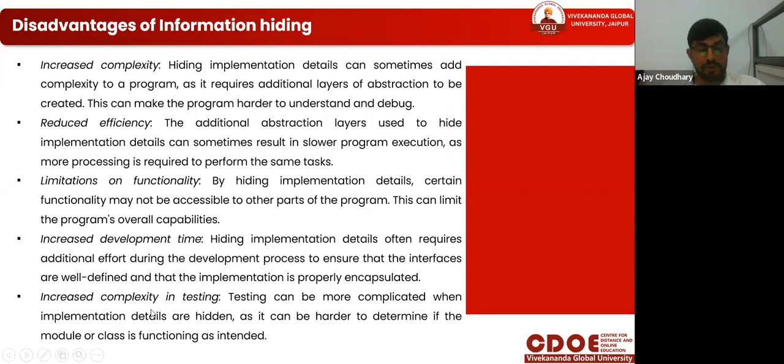There is also complexity in testing. Whenever we hide some implementation part, it is not easy to handle. It can be harder to determine if the module or class is functioning as intended.